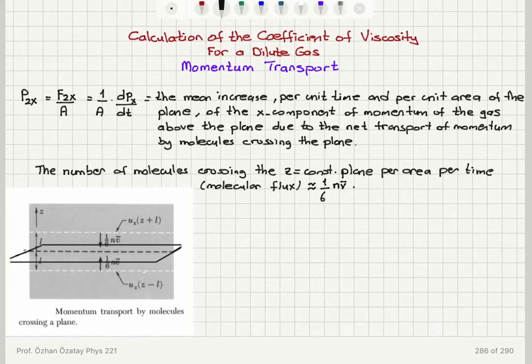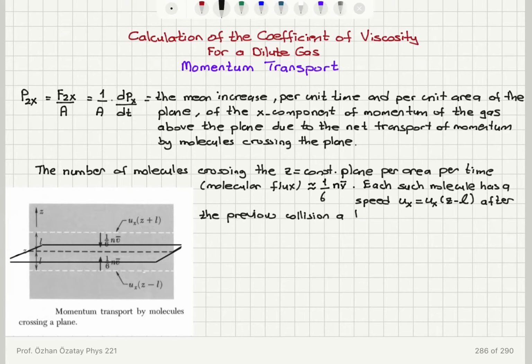So each such molecule that is basically moving in the positive z or negative z direction will have a speed that is the x component, which is at z minus the mean free path L, which is, after the previous collision, a distance L from the plane.